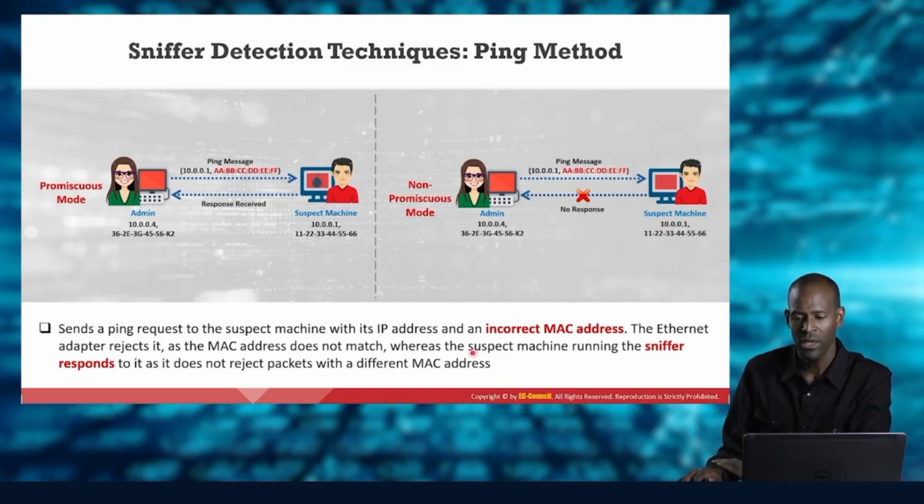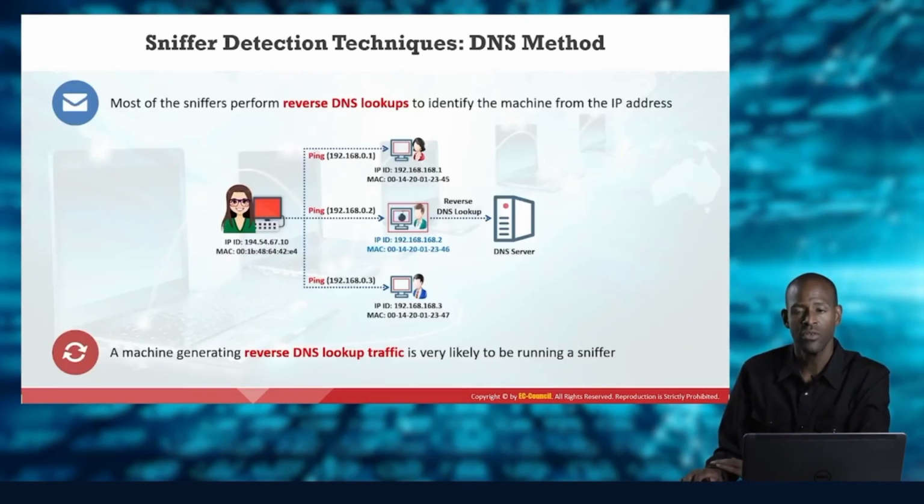So that's one way to tell if a sniffer is in your network. There's also the DNS message, which I was talking about earlier: normally a NIC in promiscuous mode will also do a DNS lookup. So if there is a machine that, when I ping it, does a reverse lookup, it's probably running a sniffer.